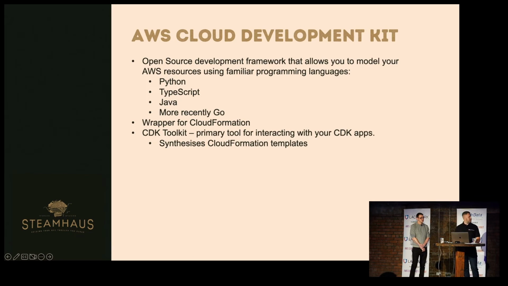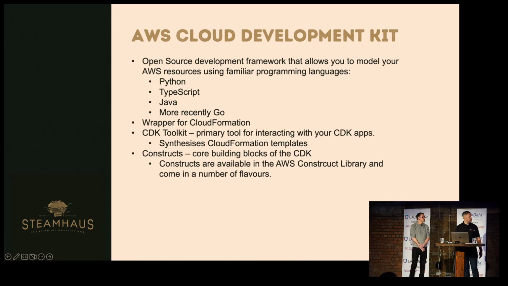One of the core features of the CDK is constructs. Constructs are the building blocks of the CDK, and they represent a component in your environment which can comprise one or many resources. AWS provides us with a construct library that provides a large number of these constructs.